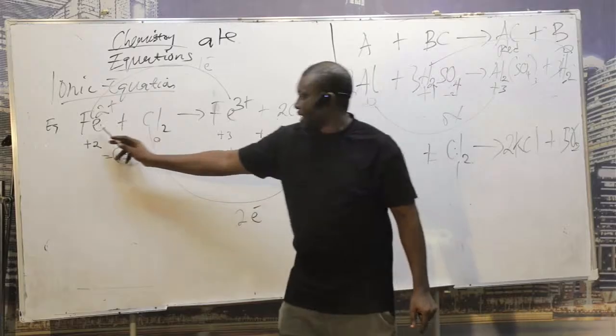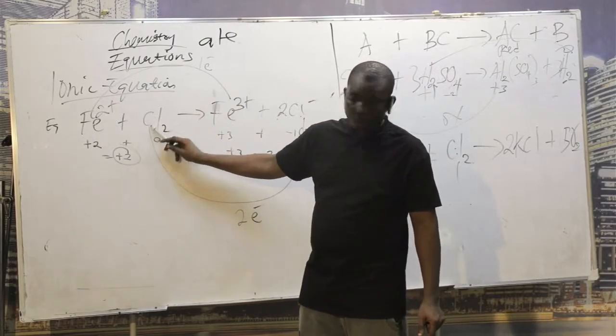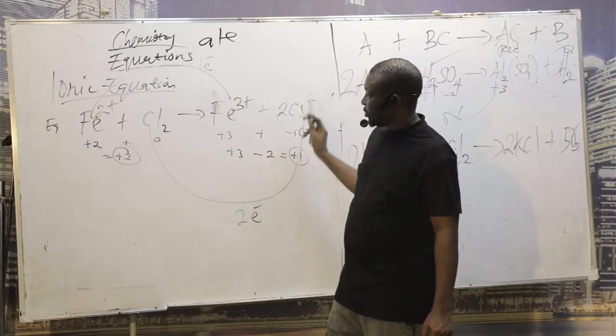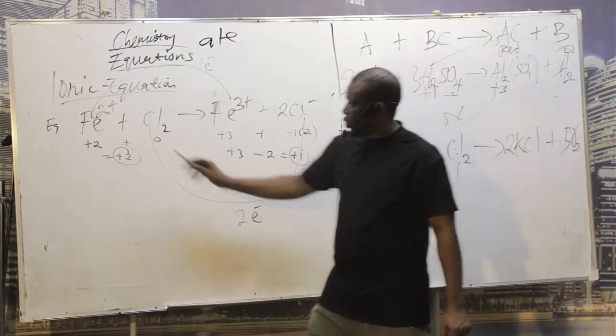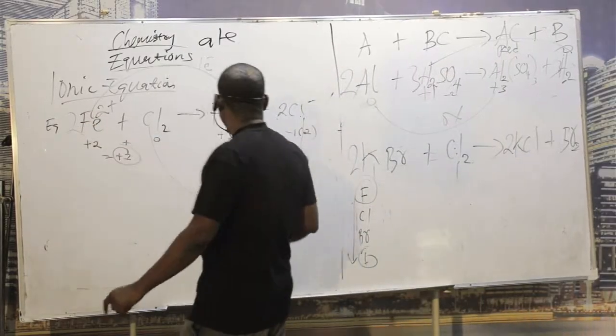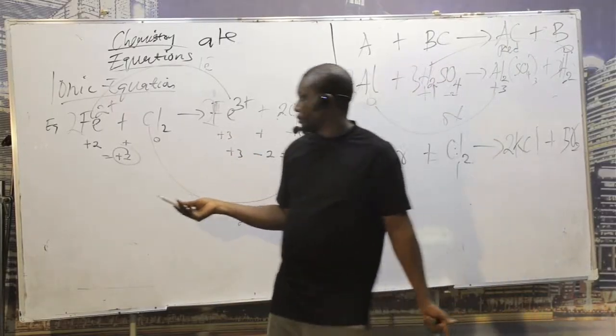Now, this particular ion generates how many electrons? 1. 1 times this is what? 2. This one generates how many electrons? 2. 2 times this is what? 2. Equation is balanced. Can we confirm now?